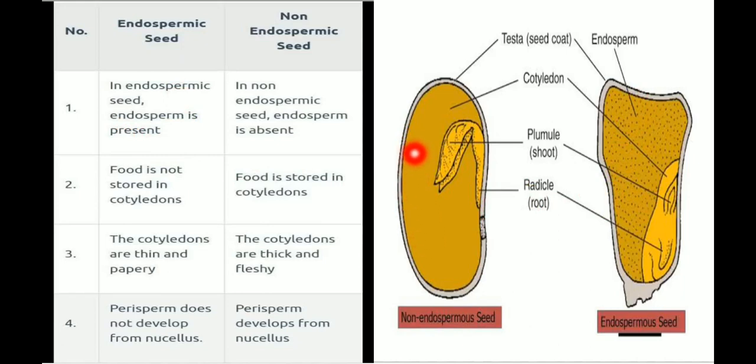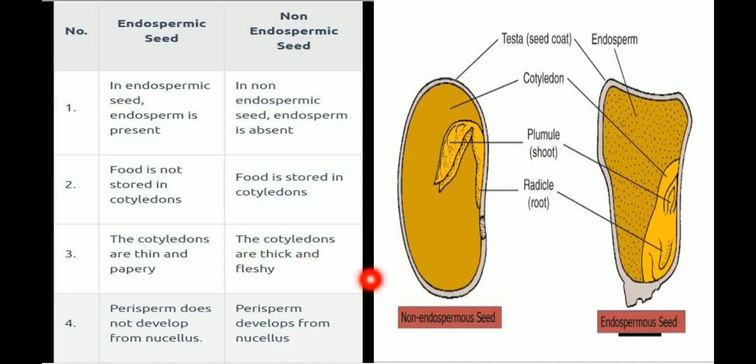They have cotyledons. So in non-endospermic seeds, food is stored in cotyledons, and here in endospermic seeds, food is not stored in cotyledons. The cotyledons in this category are small, thin, and papery, and there the cotyledons are thick and fleshy. Here the endosperm is thick and fleshy. Okay, and as I told you, you have to remember one term, and that is perisperm.